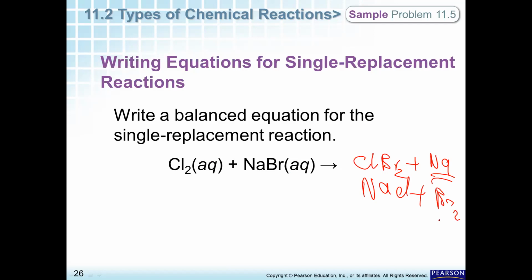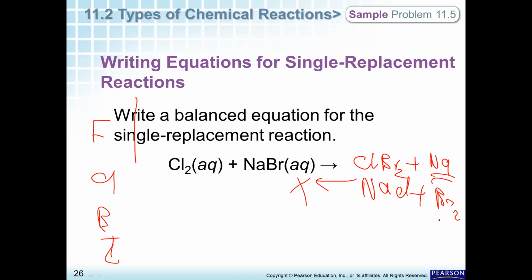So what are these chlorine and the others? We have fluorine, chlorine, bromine and iodine. What do we call them? Halogens in group 7. So here the chlorine was able to replace the bromine. Let's go back to the activities once more. Is it possible for the opposite reaction to happen? No, it's not going to happen. Why? Because any element in the halogens will replace any element that is below it.